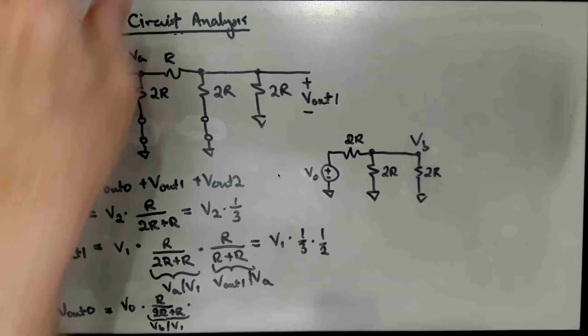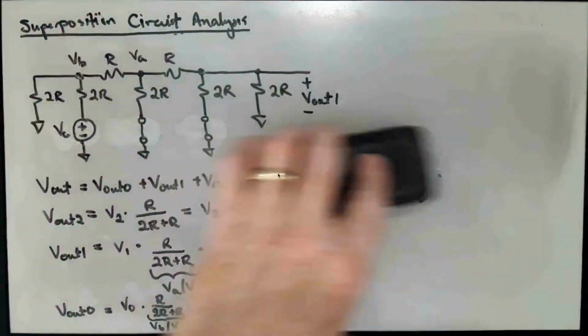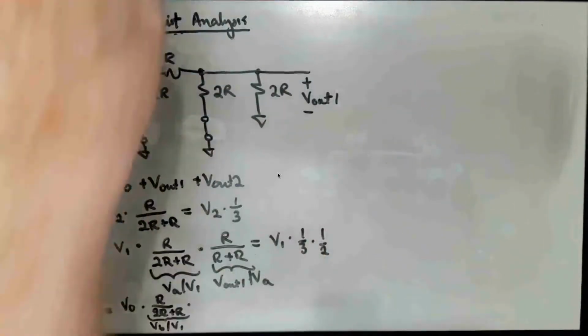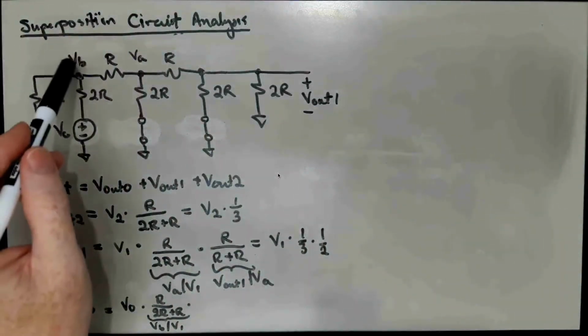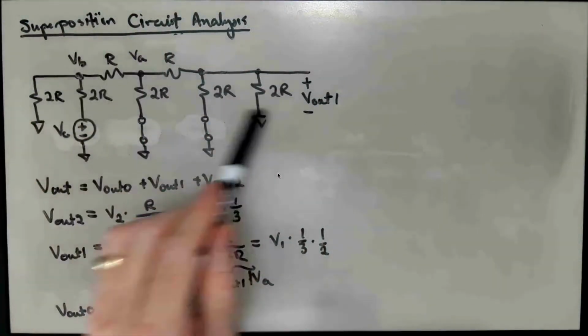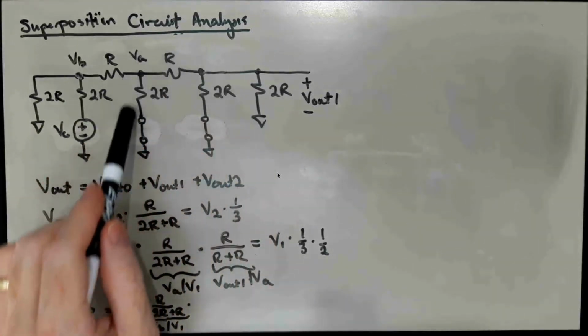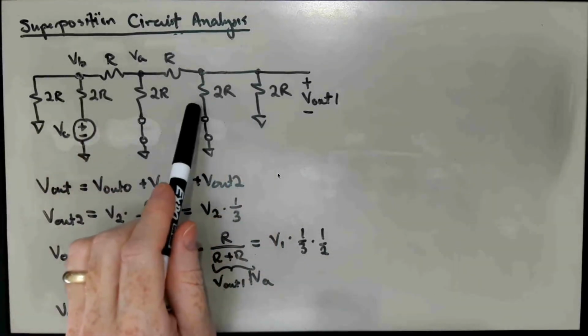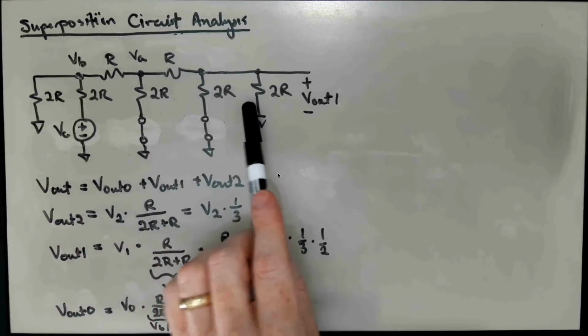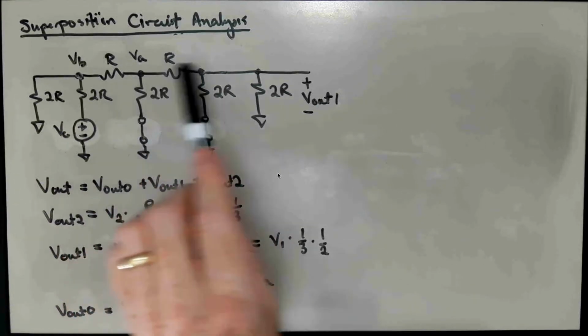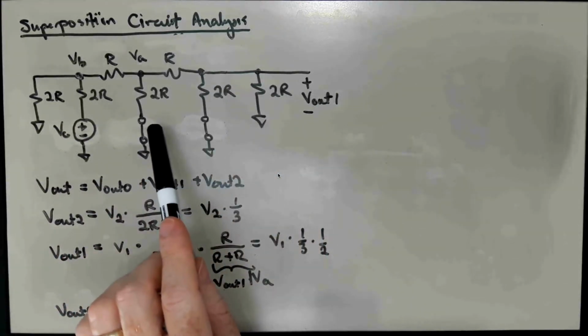And once we have VB, we can get VA by collapsing all of this into a single equivalent resistor, and we have a simple two-way divider again. So this equivalent resistance, we said before, was just R, right?